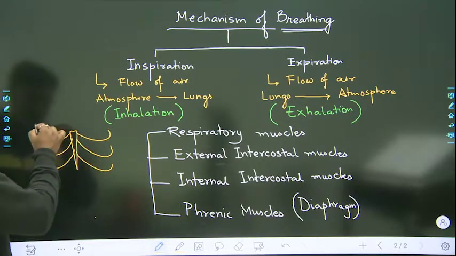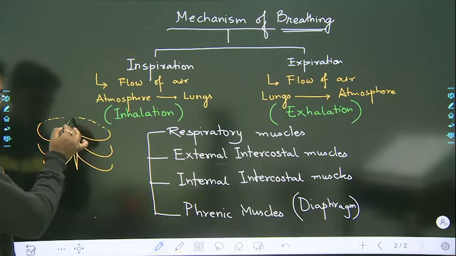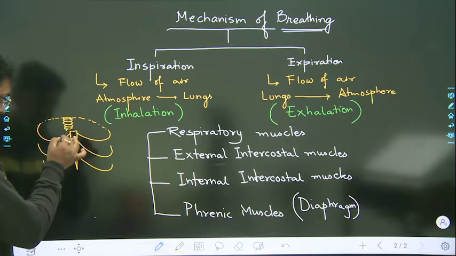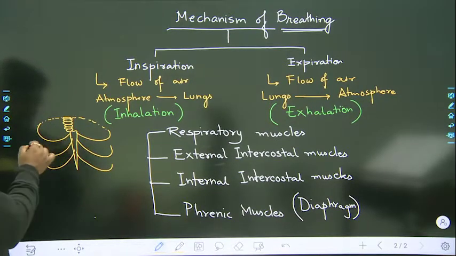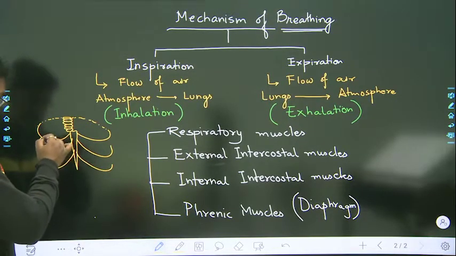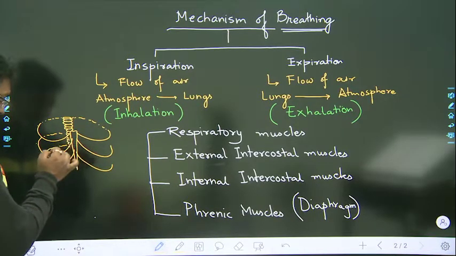Clear? These ribs will be moving to the back side and joining to the vertebral column over here at the back. So this can be said as the dorsal part of the body. Clear?